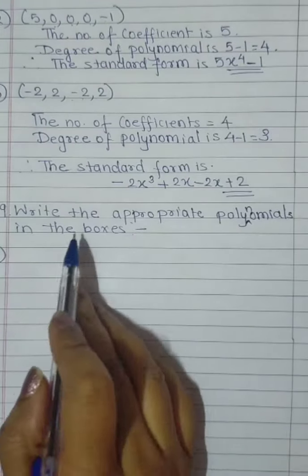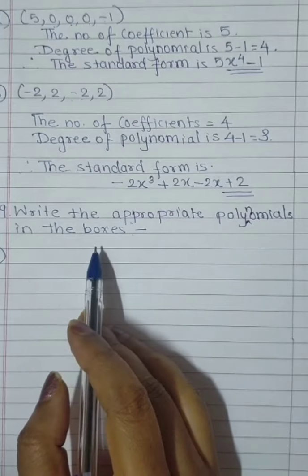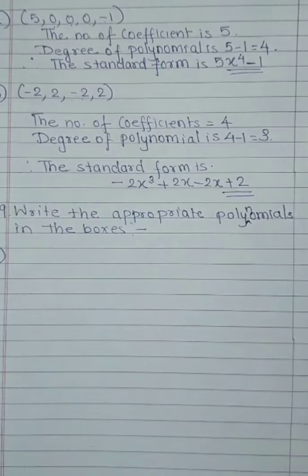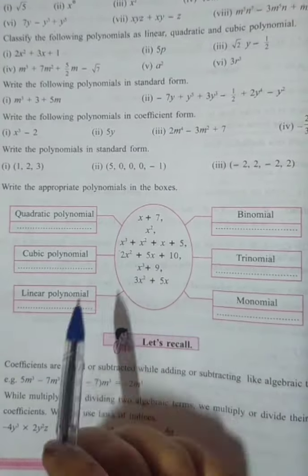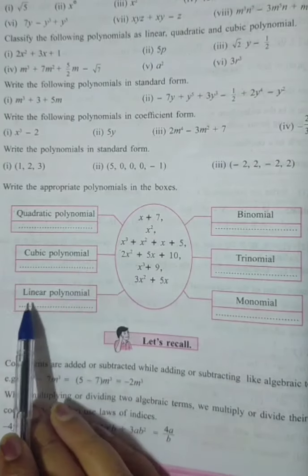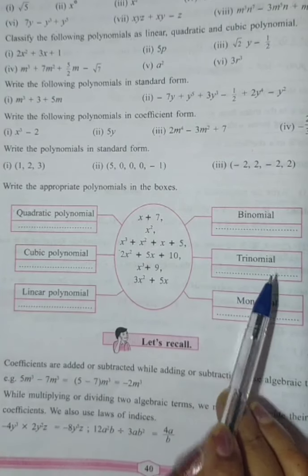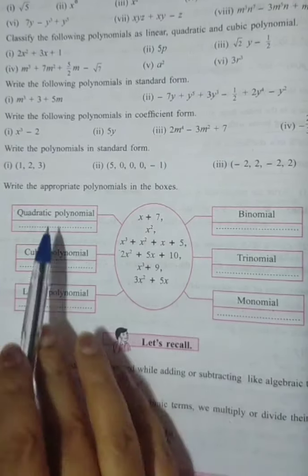See, write the appropriate polynomial in the boxes. Here quadratic polynomial, cubic polynomial, linear polynomial, binomial, trinomial and monomial are given.